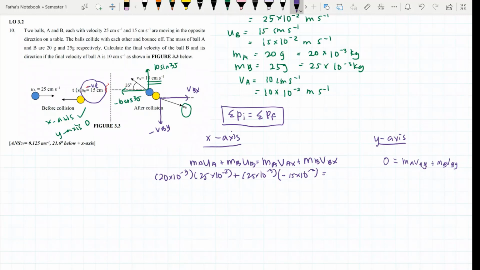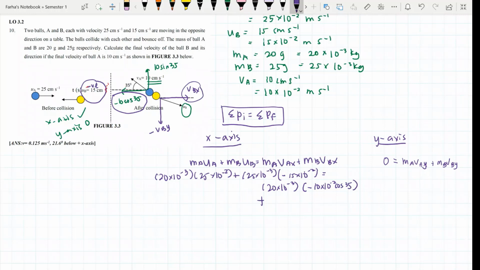Dan we have MA VAx. MA 20 darab 10 kuasa negatif 3. VAx kita adalah negatif 10 cos 35. Jangan lupa dia dalam sentimeter per second, jadi saya kena convert ke meter per second.